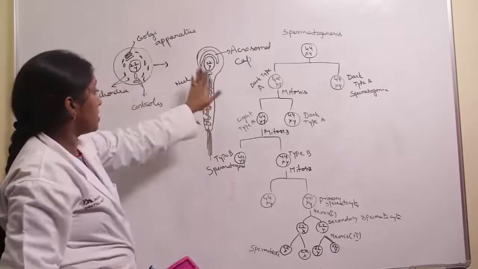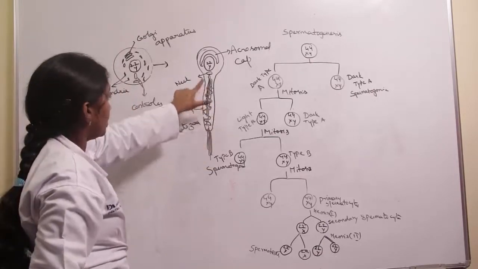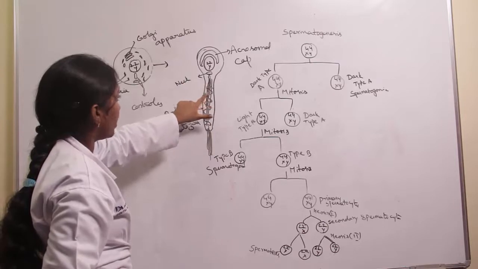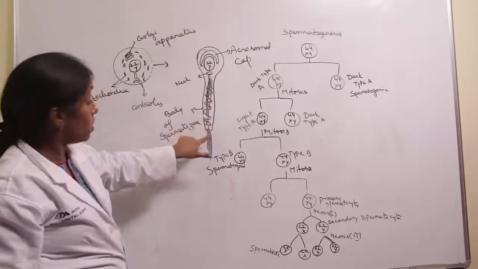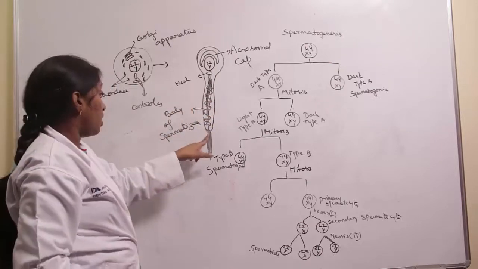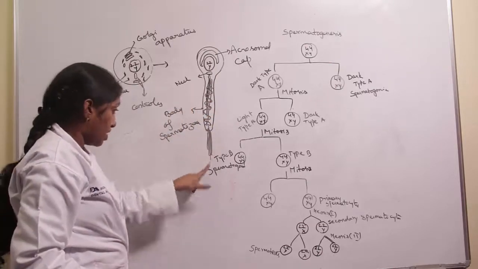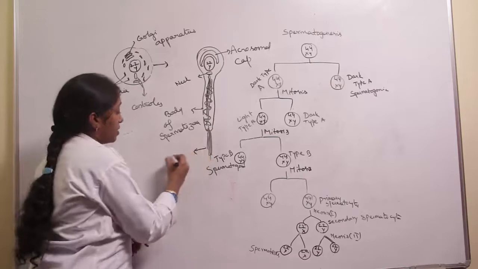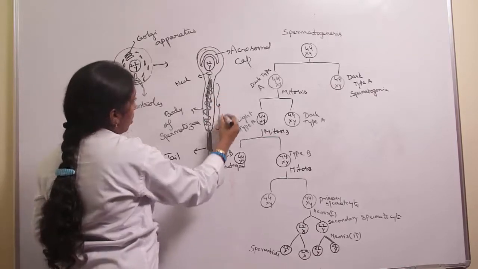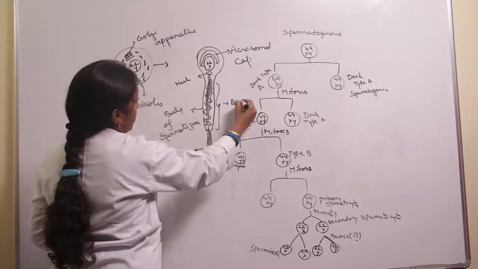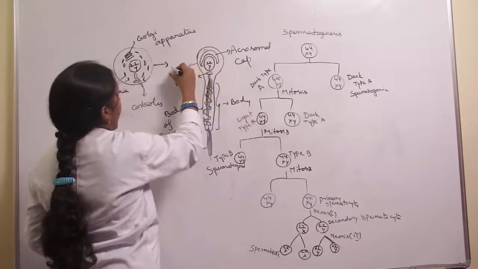These axial filaments are surrounded by a sheath, called the mitochondrial sheath. After that, the axial filaments extend further downwards, and this is called the tail of the sperm, and this part is called the body of the sperm. This is the head of the spermatozoa.